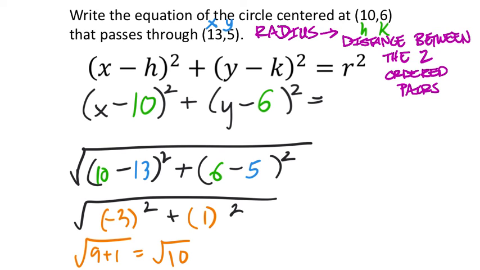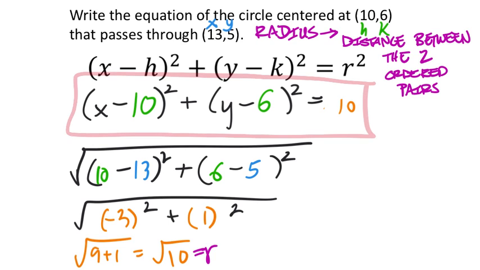It wants the full equation. This right here, the square root of 10 that I just found, that is my radius, but that also needs to be squared right there. And the square root of 10 squared, well, that's just 10. And now we have the equation.